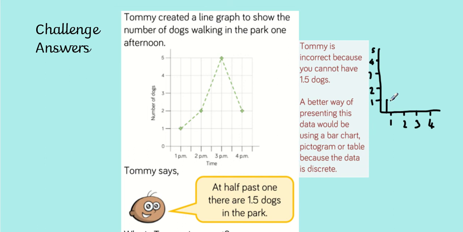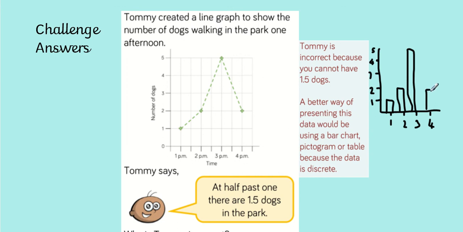Just using the information I can see here. At 2 o'clock there were 2 dogs. At 3 o'clock there were 5 dogs. Nope, wiggly bar there. And at 4 o'clock there were 2 dogs.